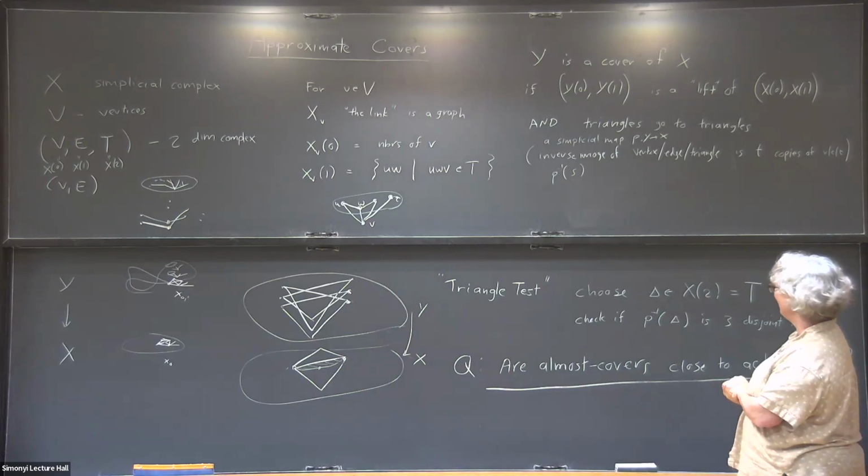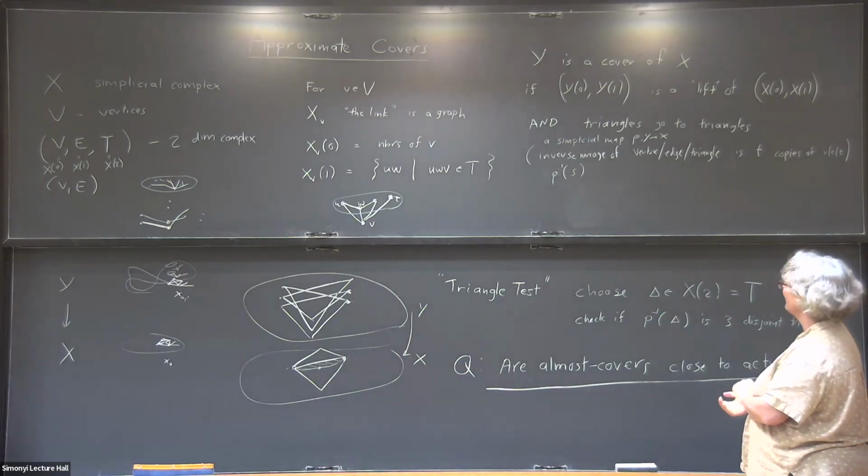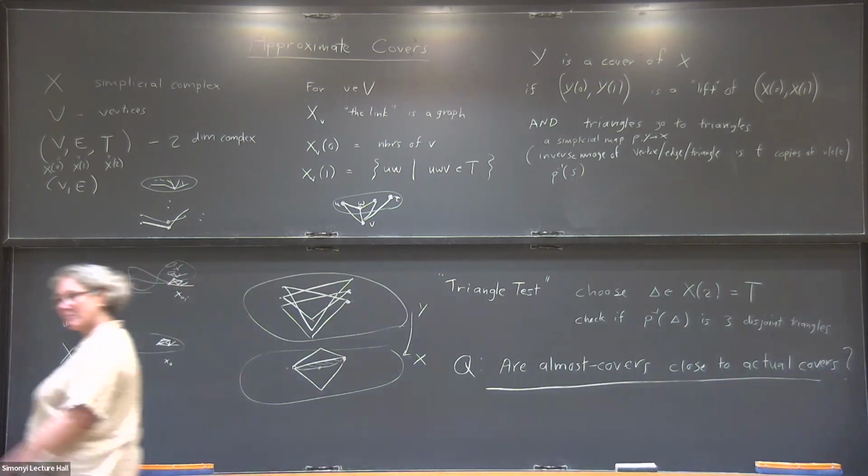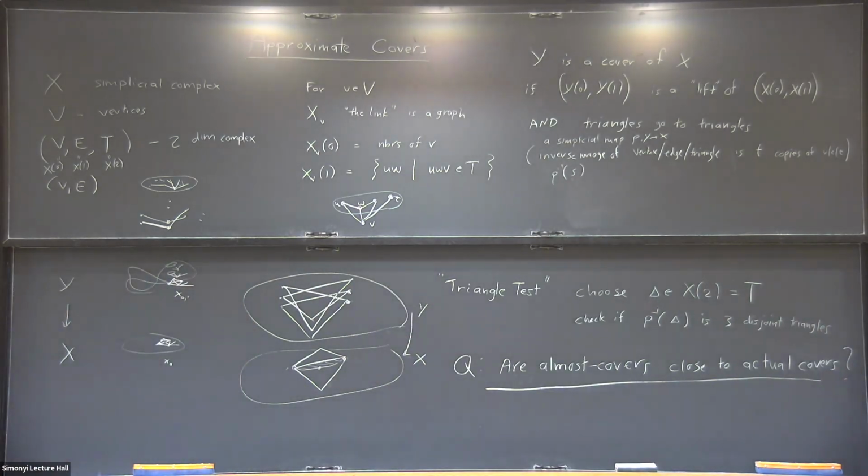Okay, so that's our question. Being close to a cover, meaning, if it's not dense, what's your distance? Let's say you measure how many triangles, edges and vertices you had to change. You mean you want to measure edges separately?